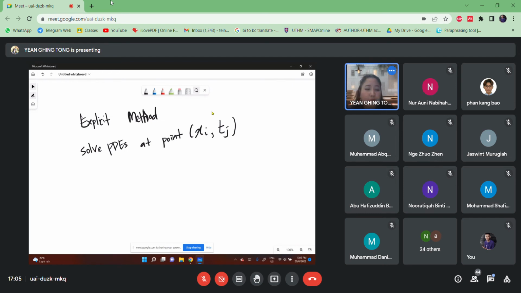So this is the equation, like in the previous book. Normally minus 1 over c square del u del t equal to 0. Okay, this is the heat equation.